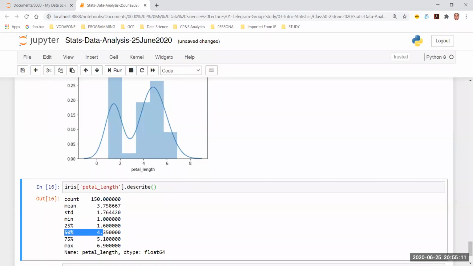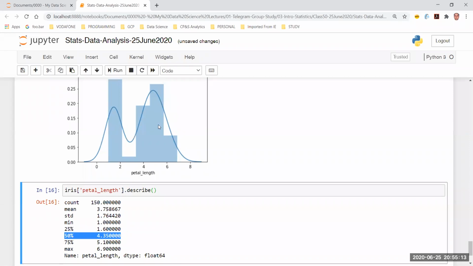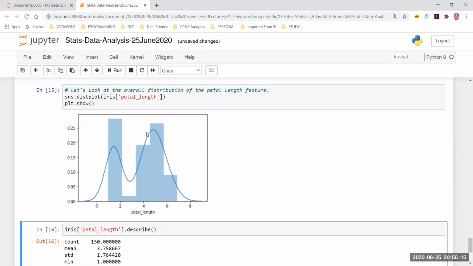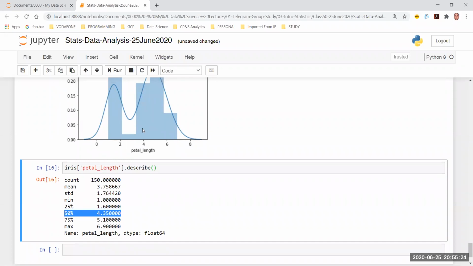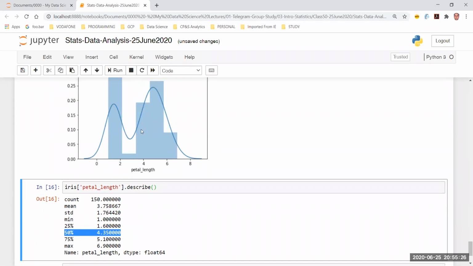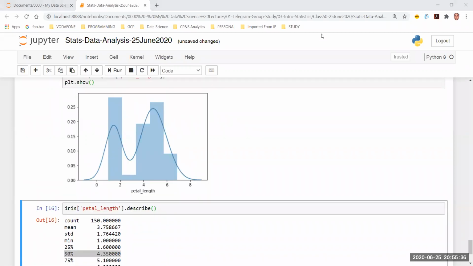This 50% value is not going to represent the highest mode, the mode having the most density. Even if it is a bimodal or multimodal distribution, this describe output is not going to show you the mode for each and every peak which is there in the data. So this number here represents this.